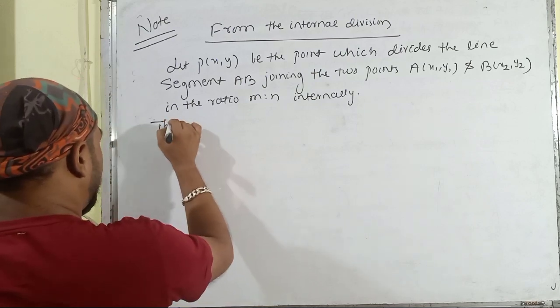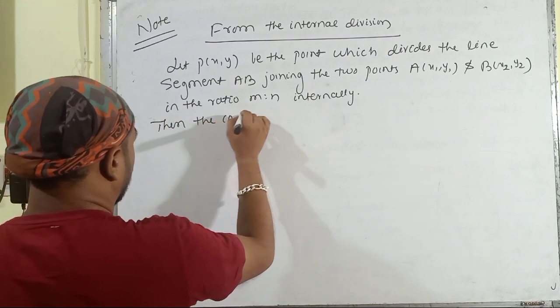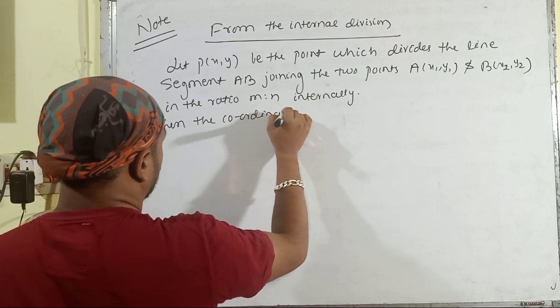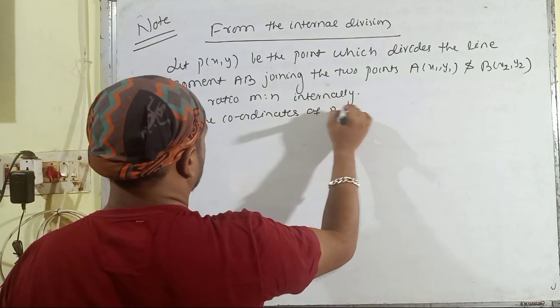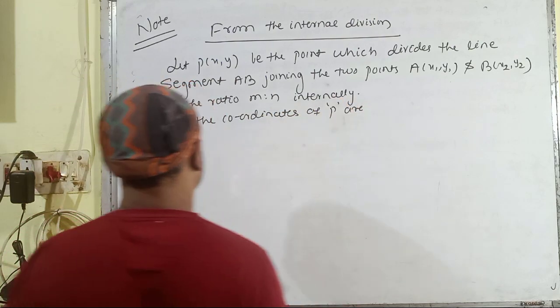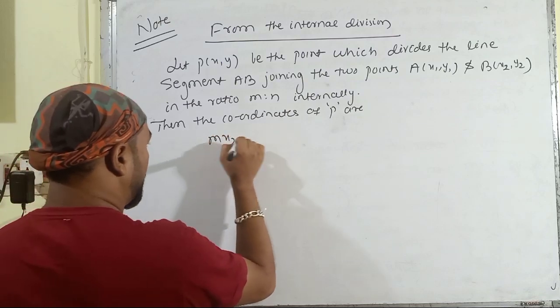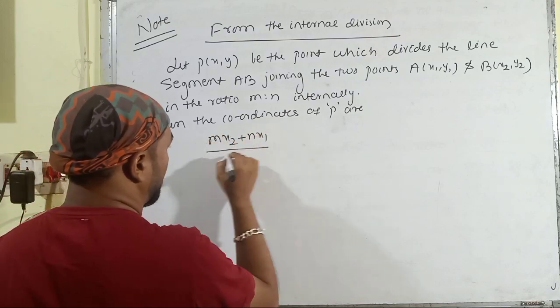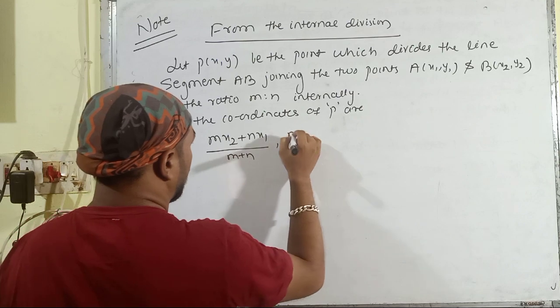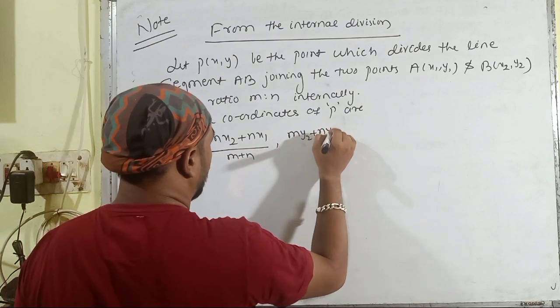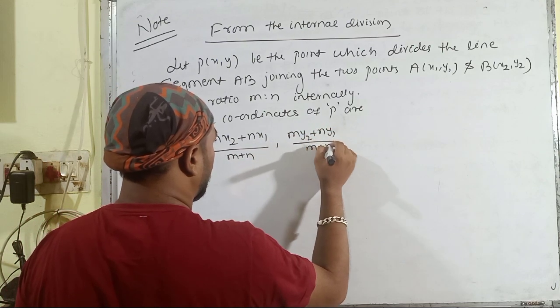Then the coordinates of P are (mx2 plus nx1) divided by (m plus n), (my2 plus ny1) divided by (m plus n).